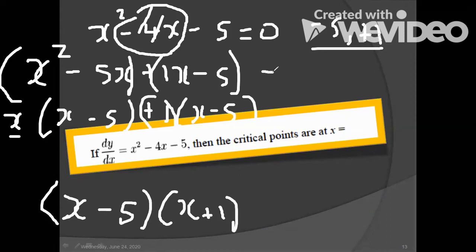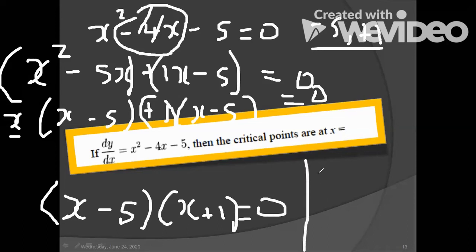So I forgot to put the equal sign here. So everything is equal to what? 0. And then now we're going to split this into 2 brackets. x minus 5 is equal to 0. And x plus 1 is also equal to 0.